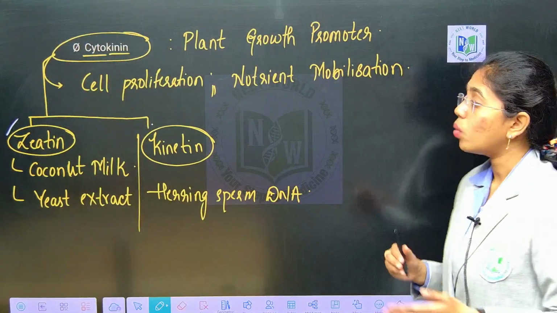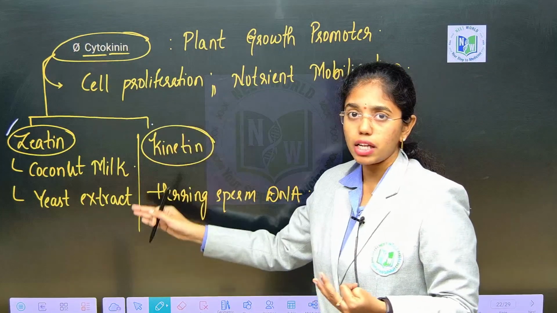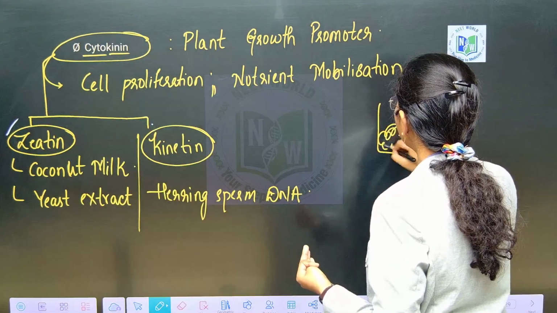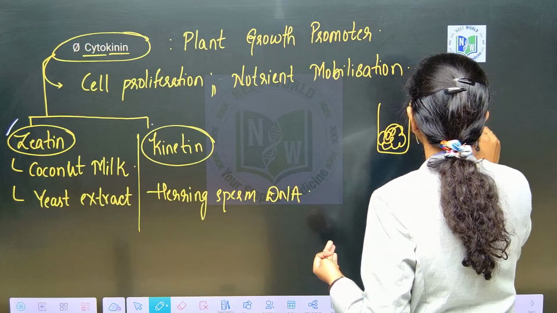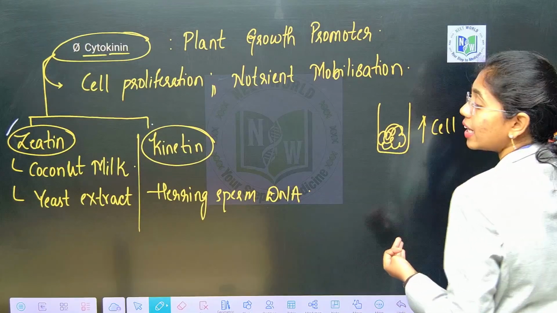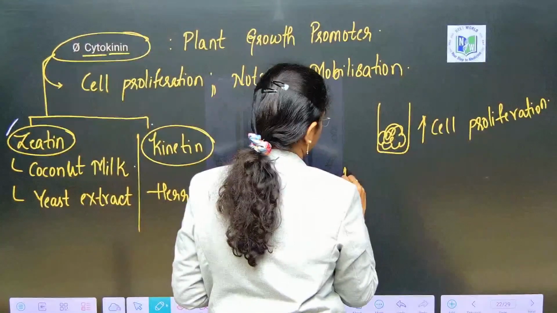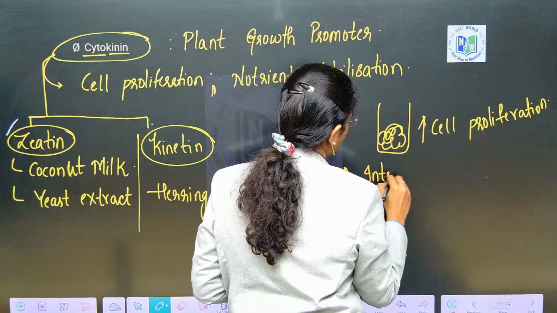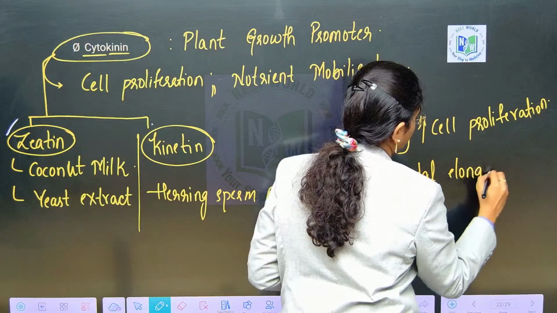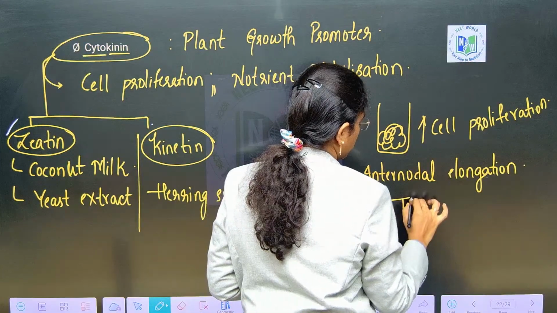Along with auxin, when cytokinin constituents, that is the extract from coconut milk and yeast extract, was supplemented to a callus, they observed extreme cell proliferation and increase in internodal elongation of tobacco callus.